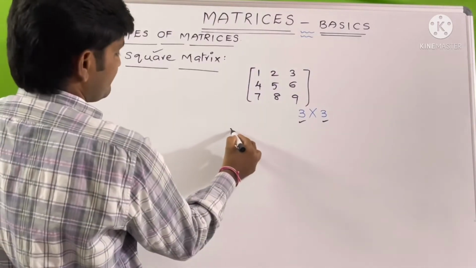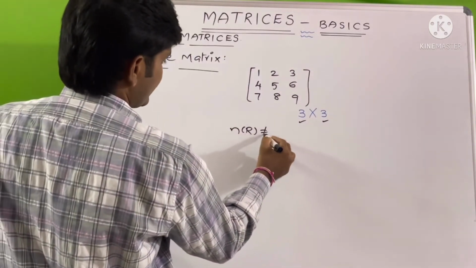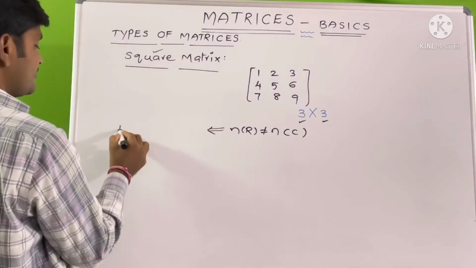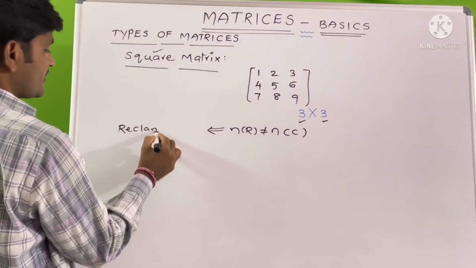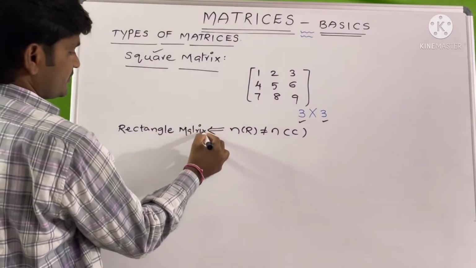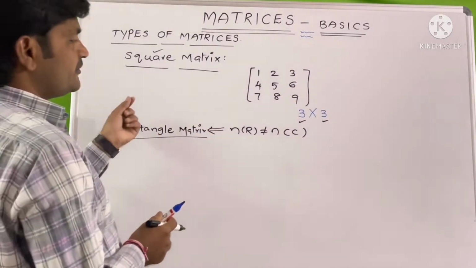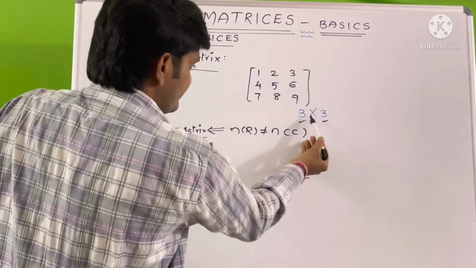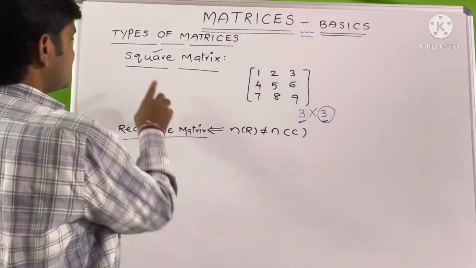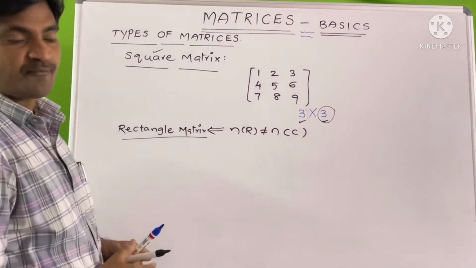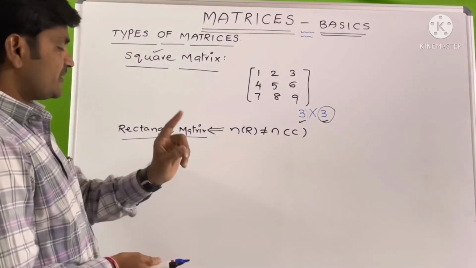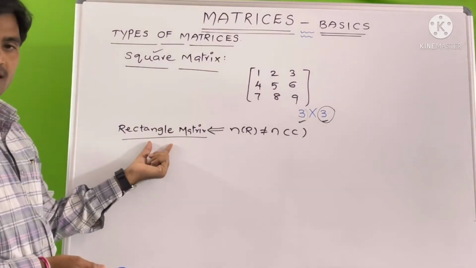If the number of rows is not equal to the number of columns, then that matrix is called a rectangle matrix. So once again, if in a matrix the number of rows and number of columns are both equal, then that matrix is called a square matrix. If the number of rows and number of columns are not equal, then that matrix is called a rectangle matrix.